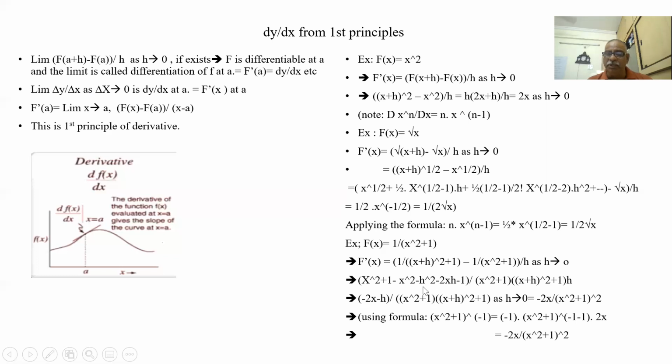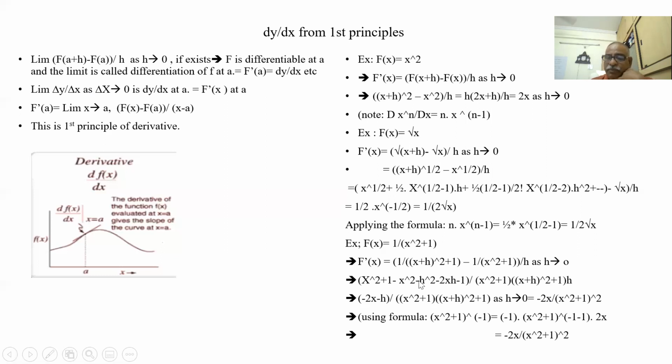If I take h common, h and h get cancelled out. Now I get minus 2x minus h into this. So when I substitute h is 0, this becomes 0. So minus 2x by x square plus 1 into x square plus 1. That means x square plus 1 whole square. So minus 2x by x square plus 1 whole square.